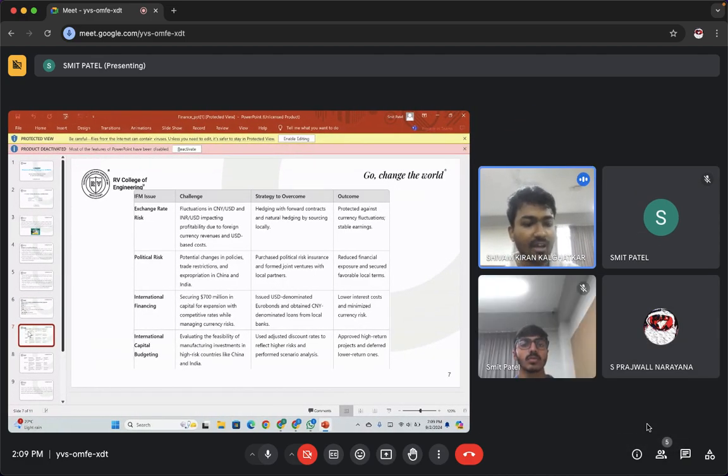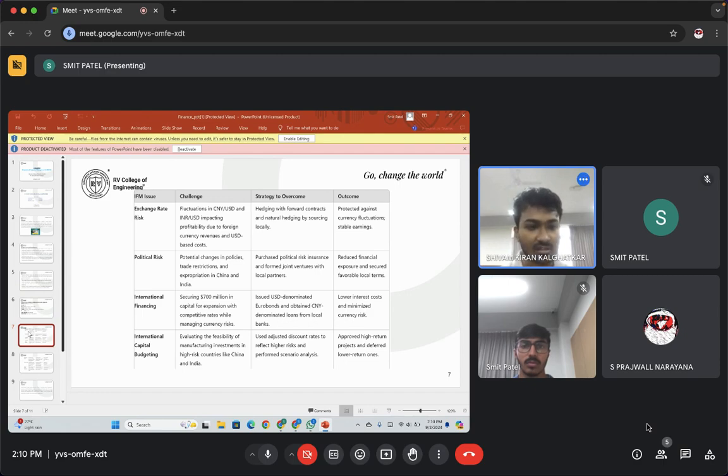So we have estimated the exchange rate risks in this company. We have predicted the IFM issue, the challenge, the strategies to overcome it, and the outcome of that IFM issue.